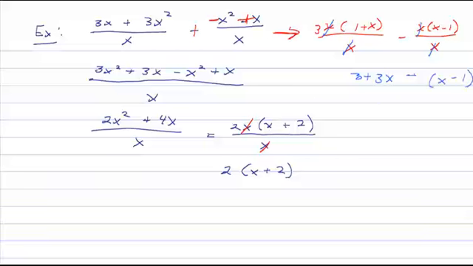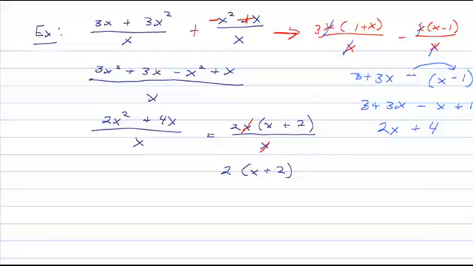So now, simplifying, we have 3 plus 3x. Now we want to distribute that negative, so we have minus x, and make sure you change that sign as well, so that's plus 1. Combining like terms, well, 3x minus x is 2x, and 3 plus 1 is 4.